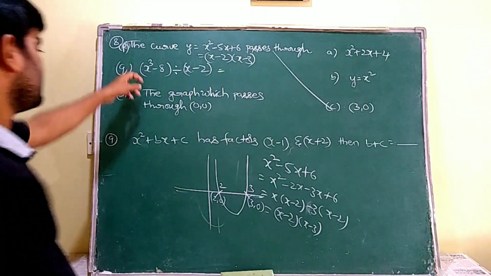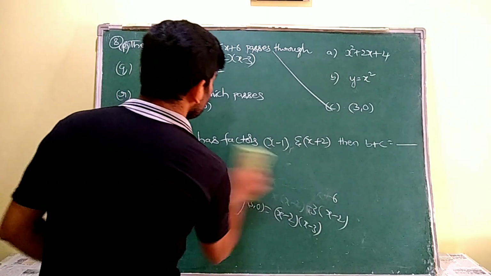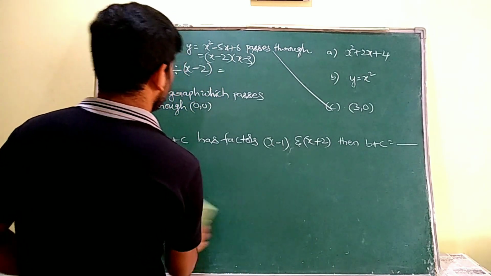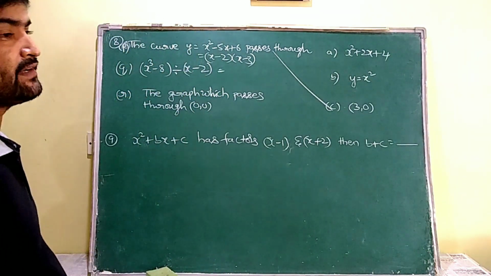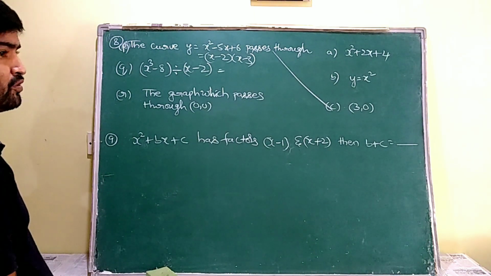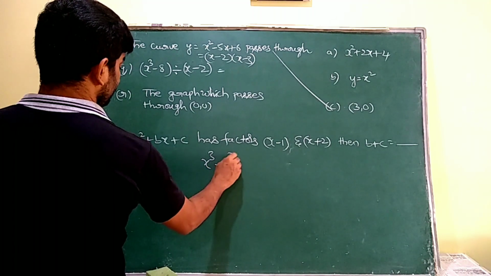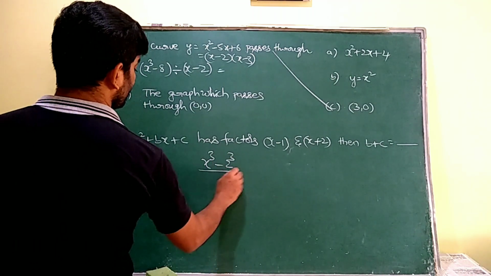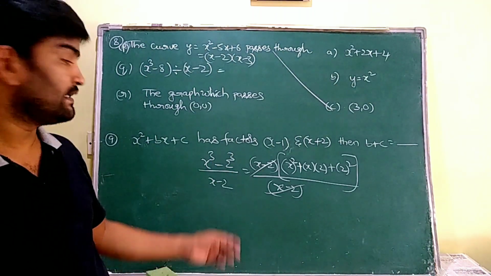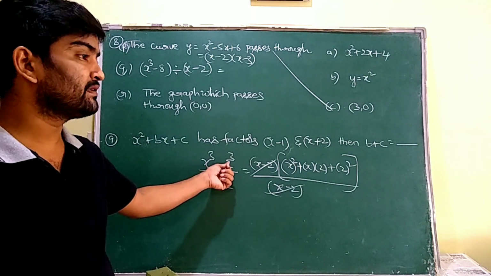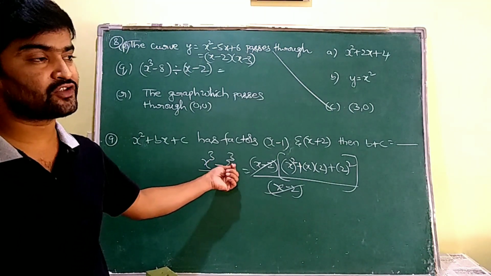Now see this second one. The second one is asking you to find the value of x cube minus 8 divided by x minus 2. Don't do the actual division. Convert this x cube minus 8 as x cube minus 2 cube by x minus 2. See ma, it is in the form of x cube minus y cube.